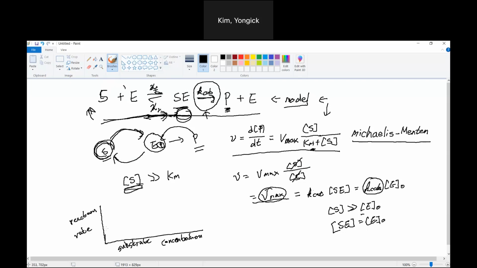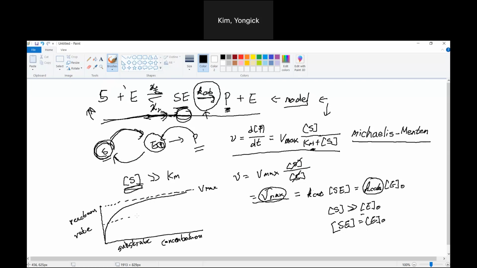And then we can draw this kind of graph experimentally. And then using linear regression, you can actually get the Vmax. This is the maximum speed of the reaction.